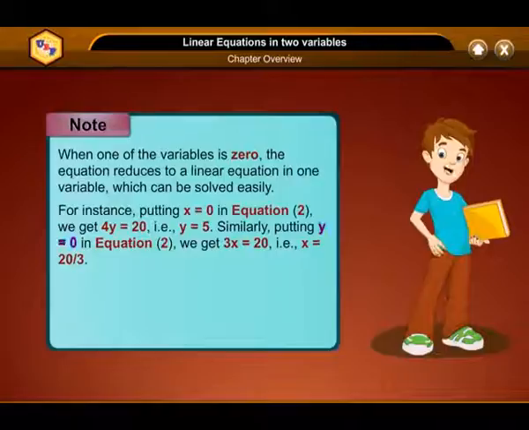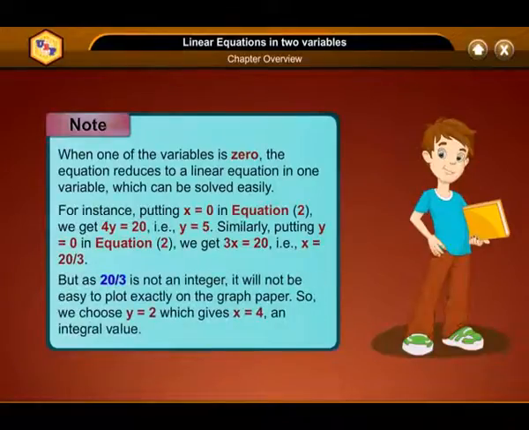Similarly, putting y = 0 in equation 2, we get 3x = 20, that is, x = 20/3. But as 20/3 is not an integer, it will not be easy to plot exactly on the graph paper. So, we choose y = 2, which gives x = 4, an integral value.